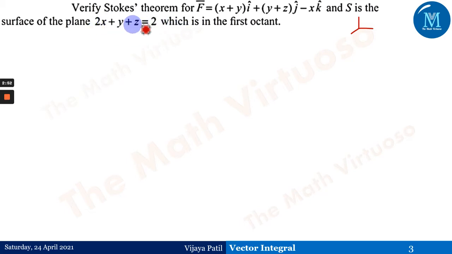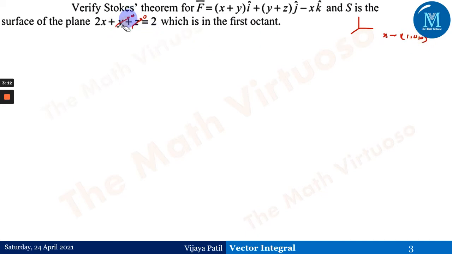Suppose we put Y equals 0 and Z equals 0 in this equation. Then we get 2x equals 2, so the intercept on the X axis is 1, that is the point 1 0 0.